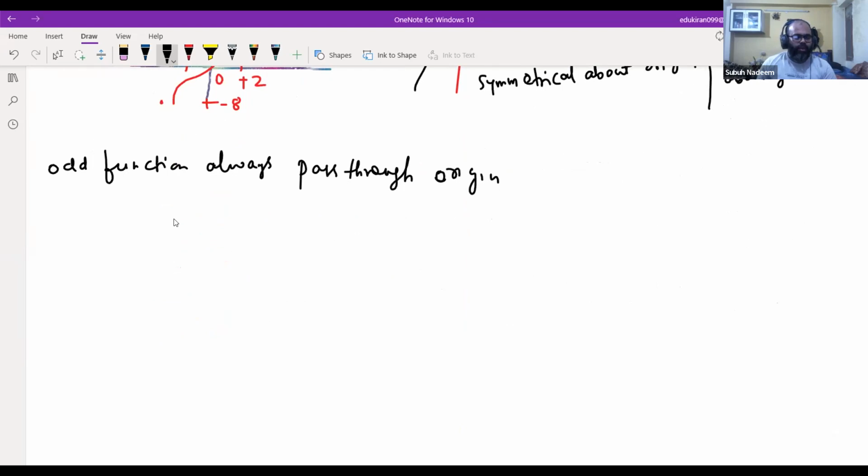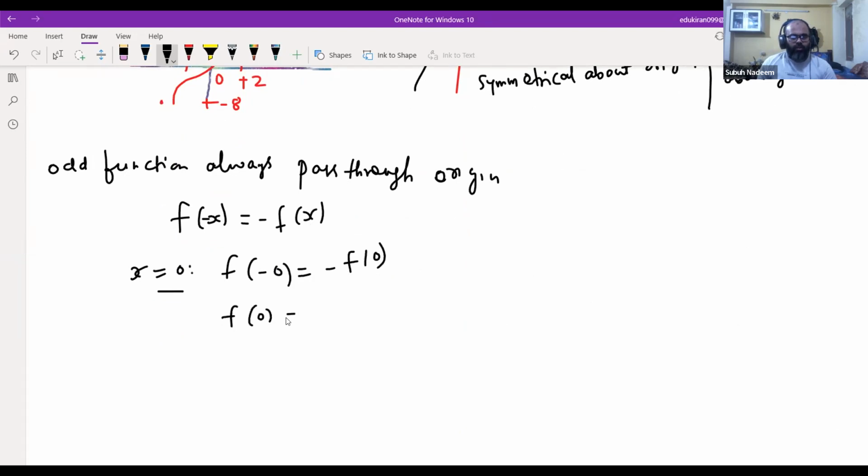That is, if we have f(x), f(-x) is equal to -f(x), and you put x equal to 0 here. So f(-0) is -f(0). So f(-0) is f(0) only, because minus 0 is 0, equal to -f(0).